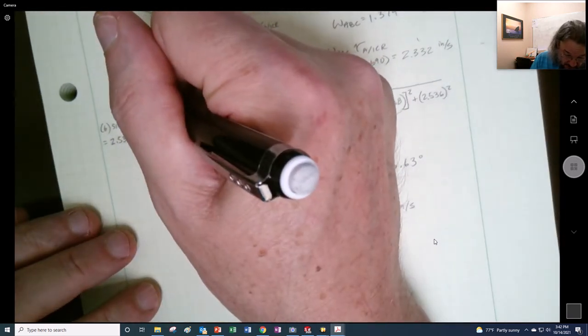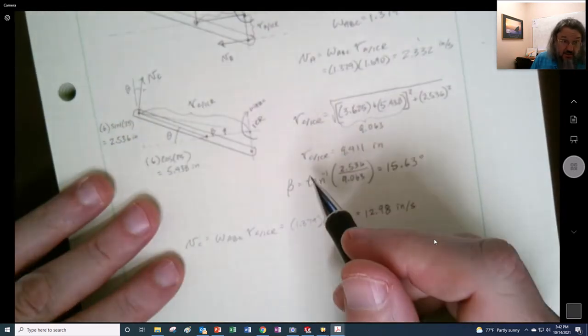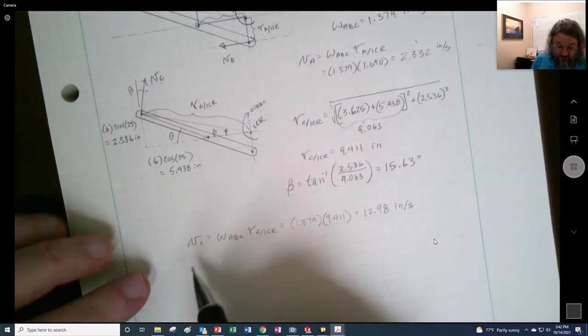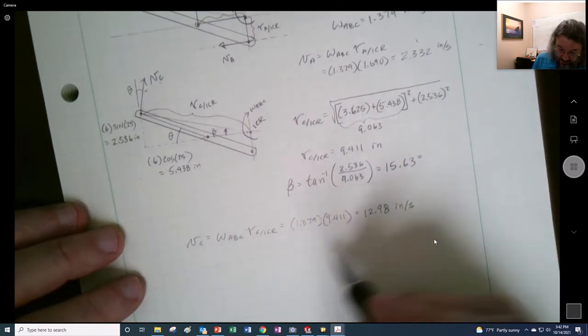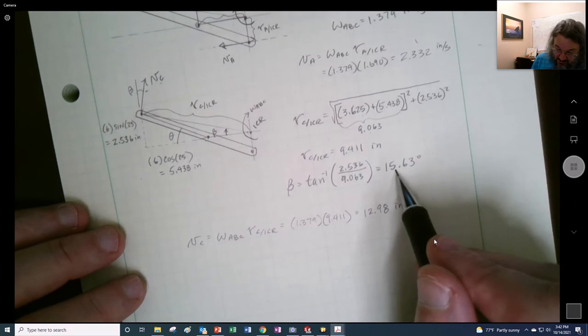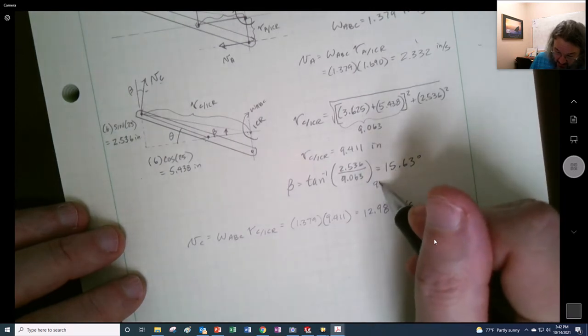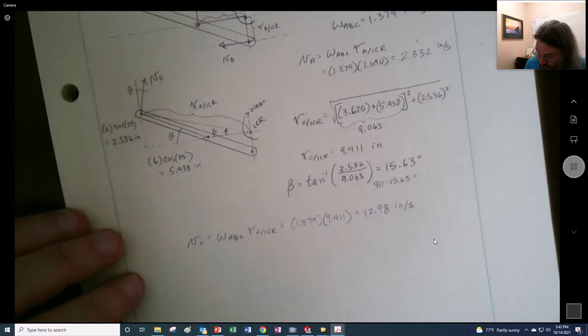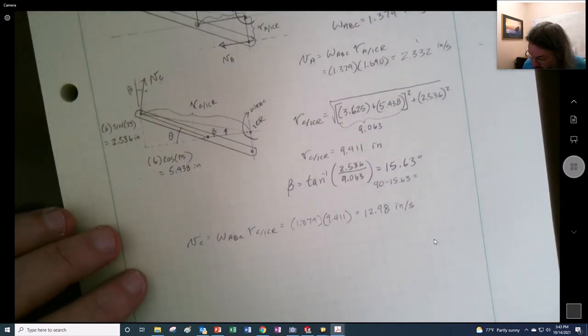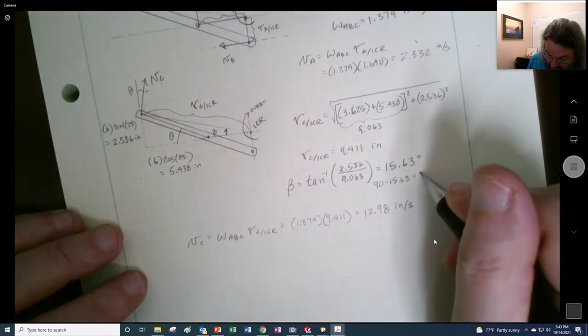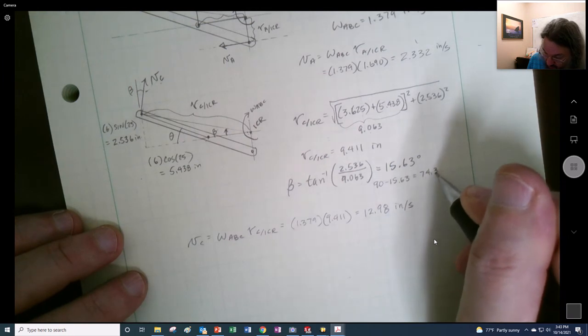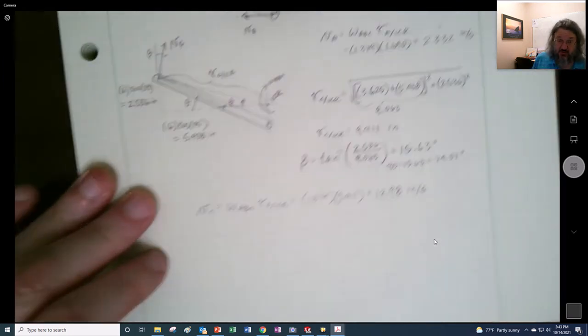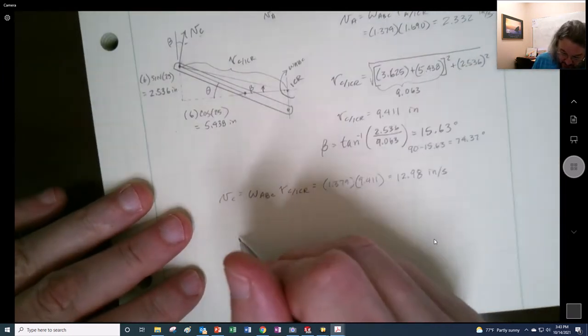Here's beta right there inside that angle, so it's going to be coming upwards at 90 minus this right here. So 90 minus 15.63 is 74.37 degrees.